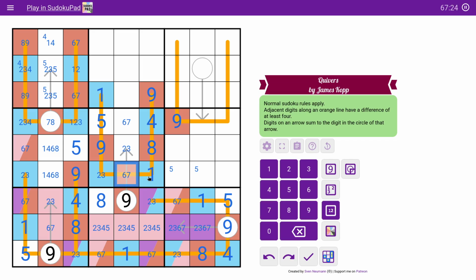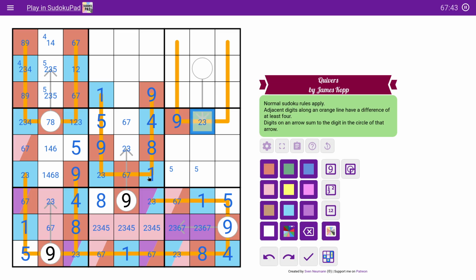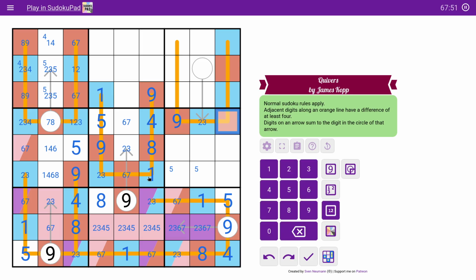If this is purple, then purple is 7. But I don't know its parity. 2 or 3. Oops. 6, 7, or 8. 2 or 3. 6, 7, or 8. 1, 2, or 3.